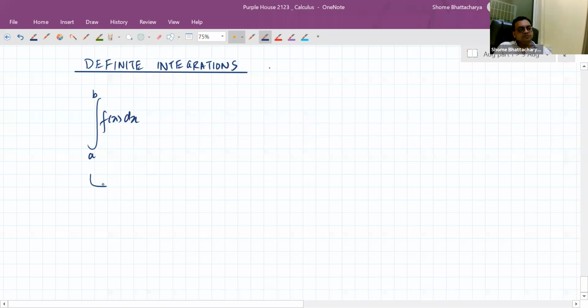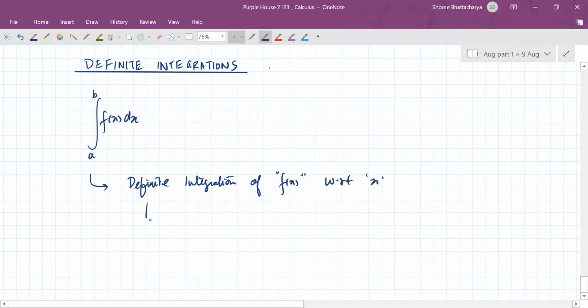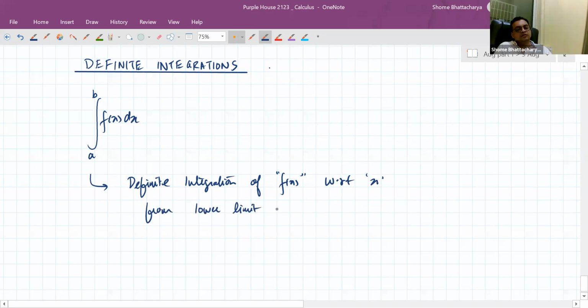So this whole symbol is read as the definite integration of the function f(x) with respect to the variable x, from lower limit x equal to a, whatever we've written below, to upper limit x equal to b, whatever we have written above. And its value is calculated by doing this kind of an operation.